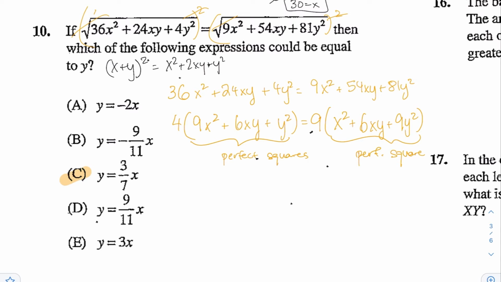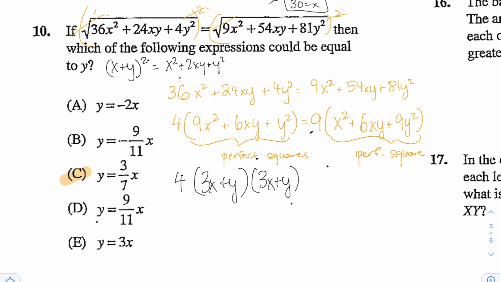That's the idea that we're using. That's actually the format that we have, except you have a multiple in front of, for example, this 9 here, and they're kind of symmetrical. So 9x squared plus 6xy plus y squared turns out to be 3x plus y squared.